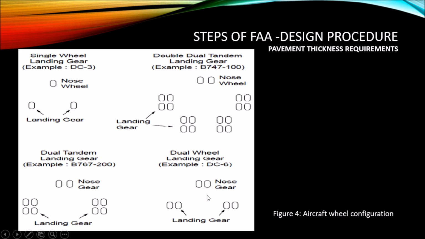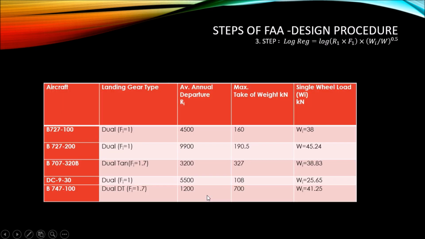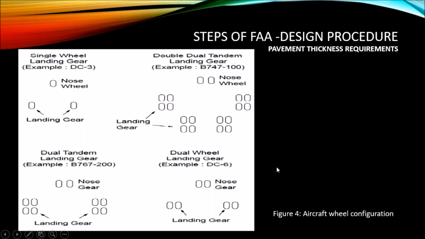So with this in mind, we can get these values on the table here. The first aircraft is just of dual type, and the maximum takeoff weight is 160. So 160, we go back to this figure we have here for dual wheel. We can see dual wheel has 2 for nose and 4 for the main landing gear.